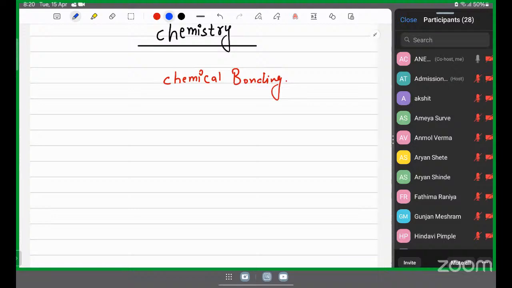Define chemical bond. Transfer of electron is called chemical bond. Transfer of electron in a particular direction is also called electric current.